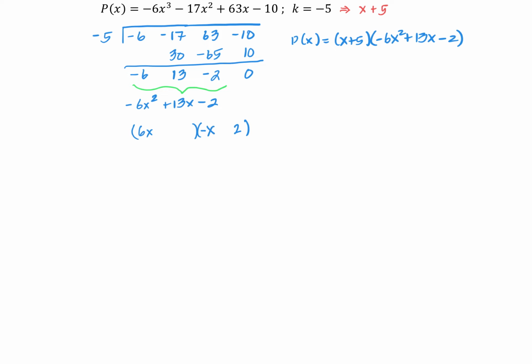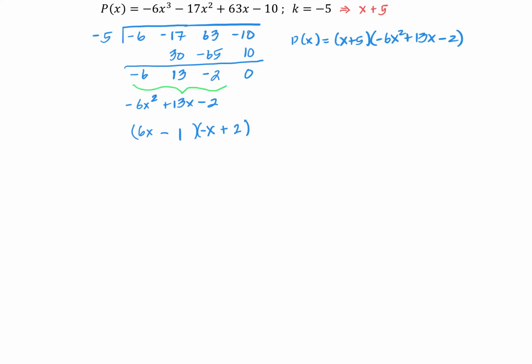So 6x times negative x gives me the negative 6x squared. 6x times 2, this would probably be a plus 2, gives me the plus 12, and I need another, oh no, it would be a minus because of the negative x. Minus 1, does that work out?